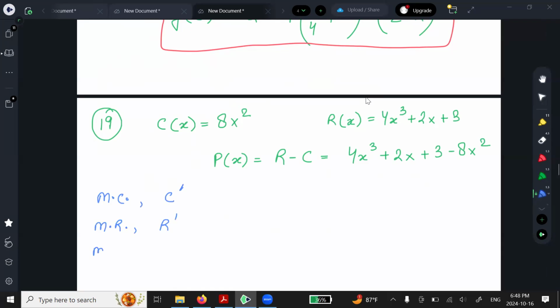Just the derivative. What is marginal profit? Just the derivative. Right? Do not ask me in the exam what is marginal cost. I will not answer that. Good, I'm telling you right now. Plus 2. And then marginal profit will be 12x squared plus 2 minus 16x. Good.